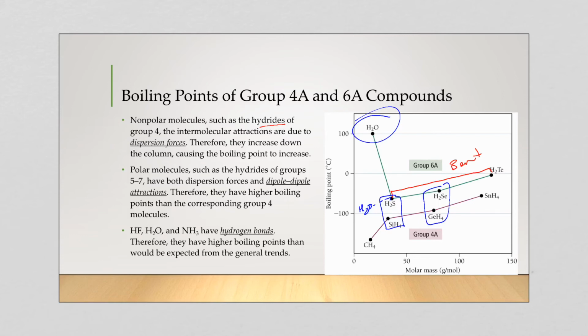And if we plotted this for, say, group 5 elements, we would notice the same thing for ammonia. We would see the other group 5 elements and their hydrides have a normal pattern with dipole-dipole interactions, but then ammonia would abruptly go up because of its ability to hydrogen bond. All right, so hopefully we can see some of the dramatic impacts that we can have when hydrogen bonding is possible.